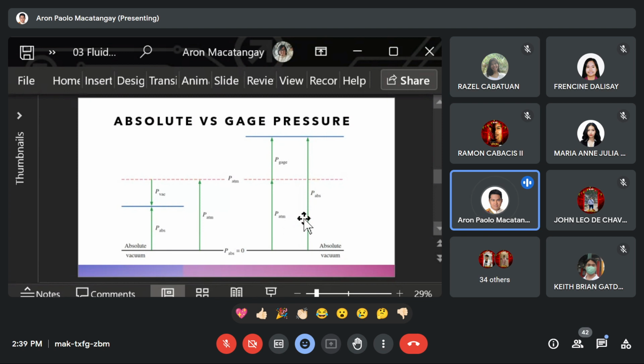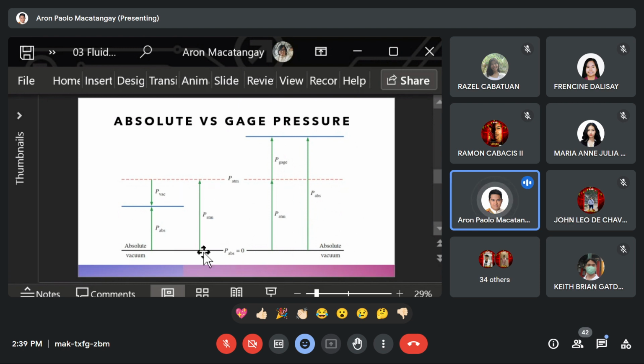So P absolute, for this case, is basically your atmospheric pressure plus yung P gauge on top of the atmospheric. So sum lang nila. So yun ang gagamitin mo as P absolute. This is actually straightforward kasi i-add mo lang siya sa atmospheric. For vacuum naman, P vacuum, i-subtract mo dapat sa P atmospheric.